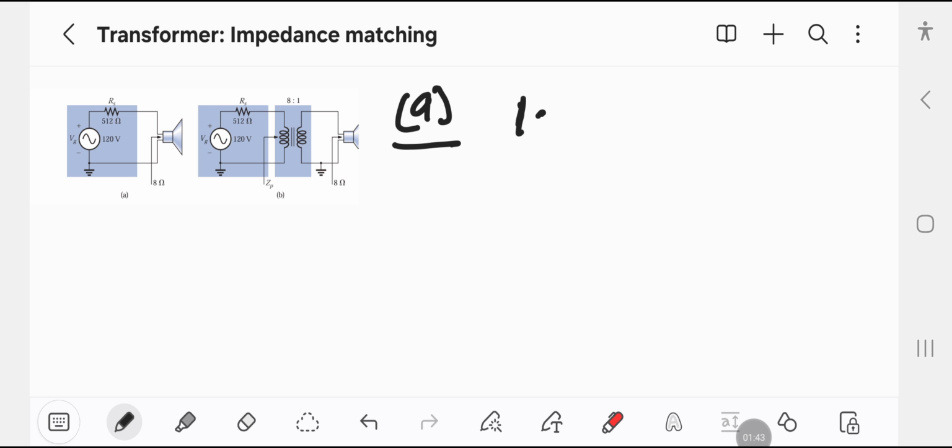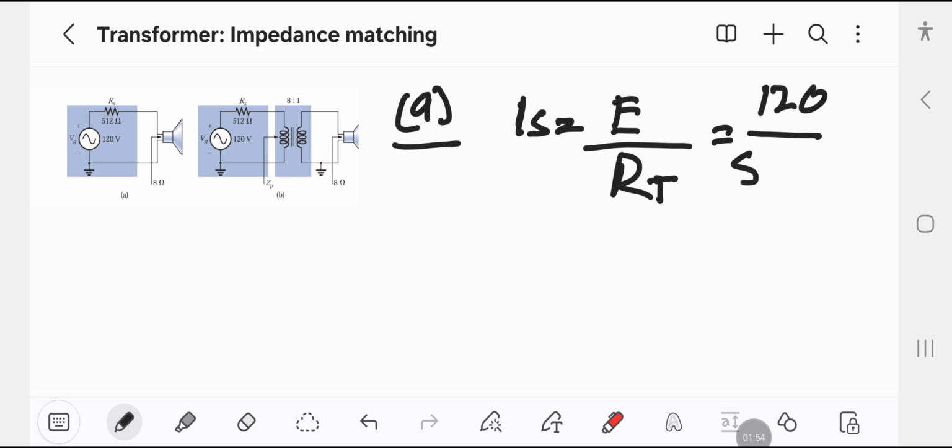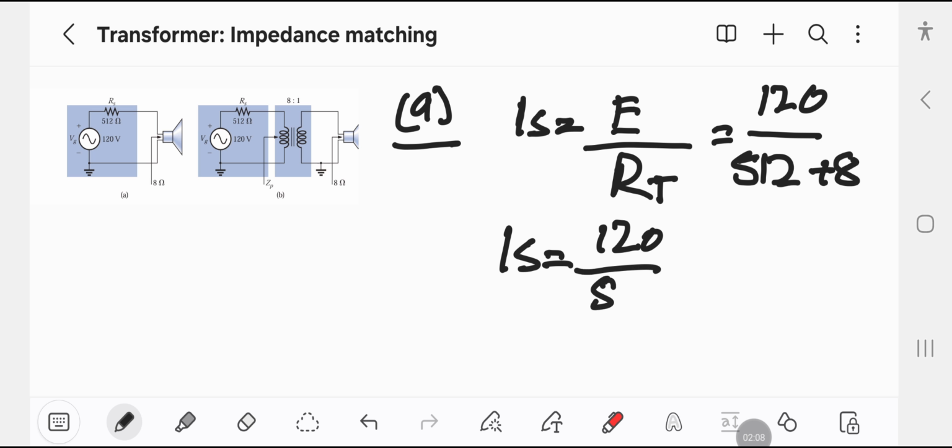Let's start by finding the source current from the total resistance. Here the total resistance is almost equal to the value shown, which gives 30.8 milliampere.